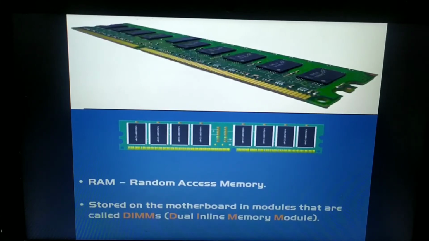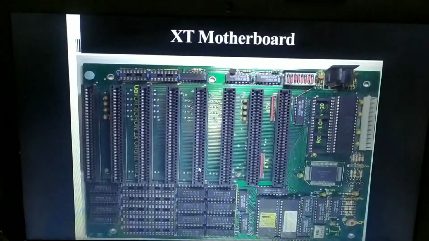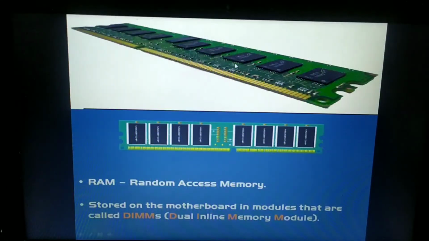So the data transfer between your random access memory and the central processing unit should be very fast. This XT motherboard uses RAM slots of dual inline memory module, which help you transfer the data for processing.